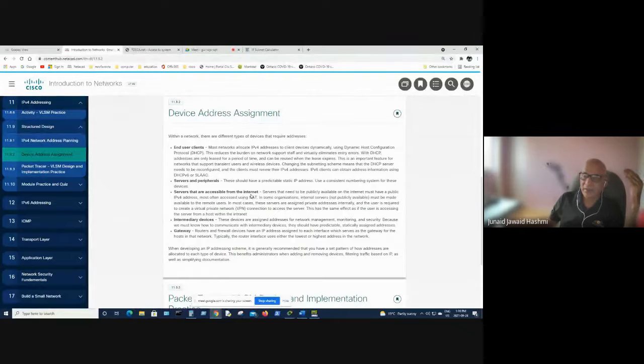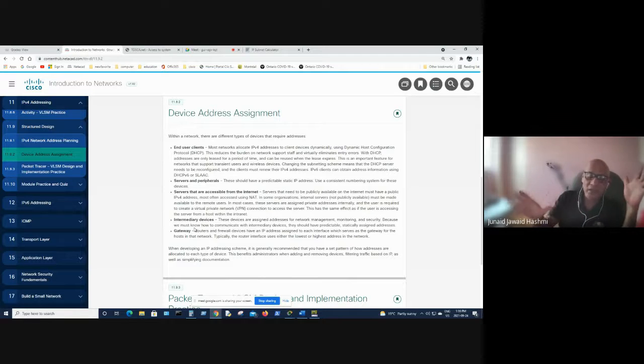Intermediary devices, for example routers and switches: you have to have addresses for each router interface. And if you want to manage your switch from a remote location, you have to assign an IP address to the switch as well.